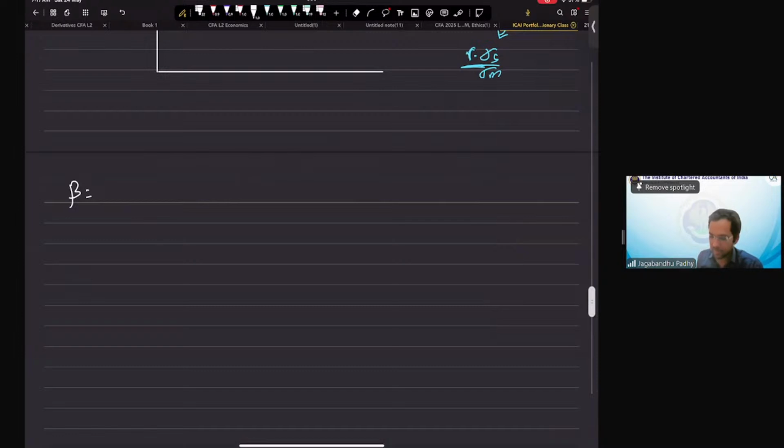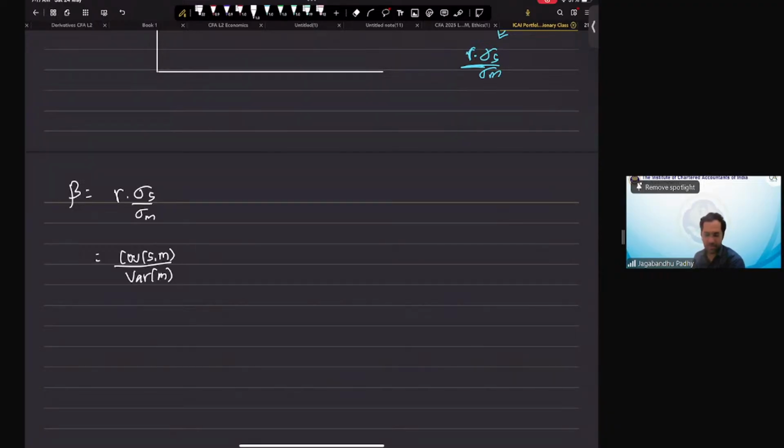One is obviously correlation into standard deviation of security upon standard deviation of market. Another version is covariance between security and market upon variance of market. That's the beta formula, right?